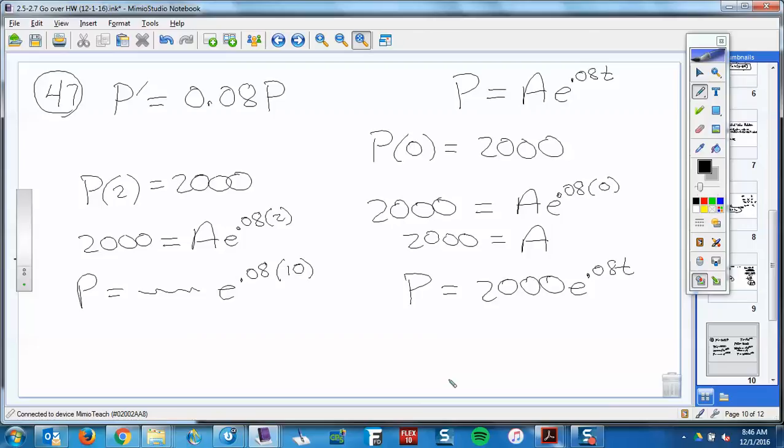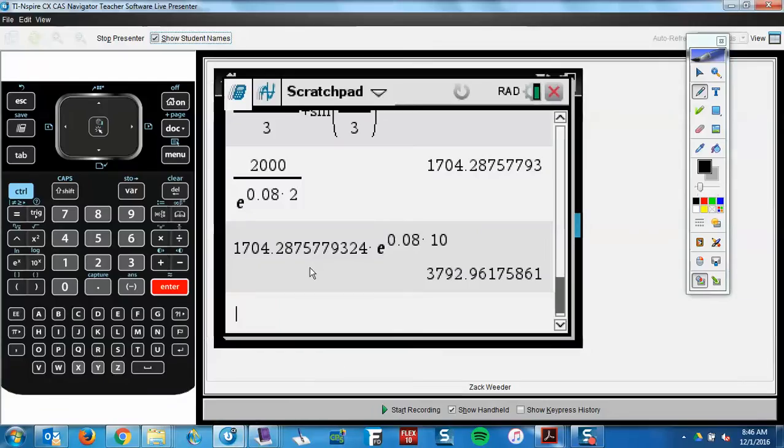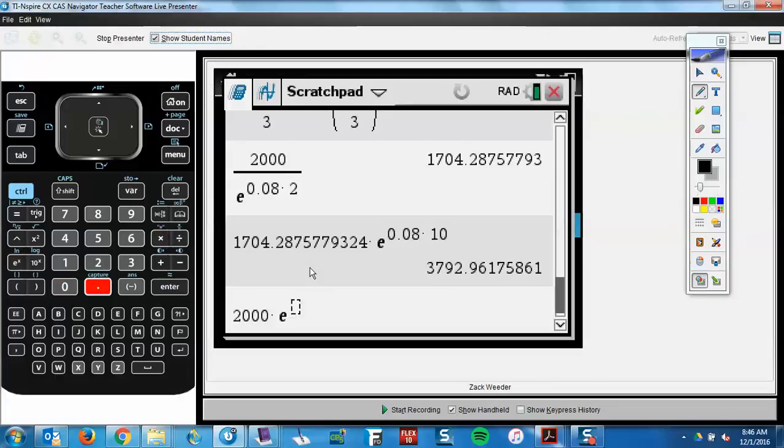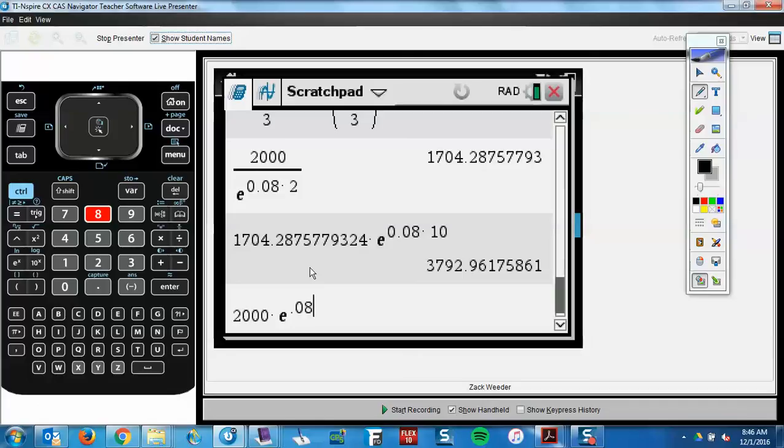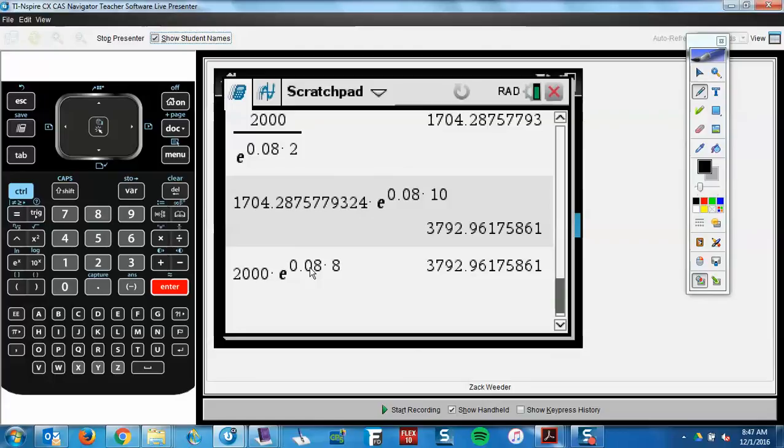So you could have let that be a 2,000, and then instead of a 10 here, put an 8. Zach, go ahead and do that. So do 2,000 times e to the 0.08 times 8. And this is going to be embarrassing if we don't get the same number. Right? So you see how it's the same thing.